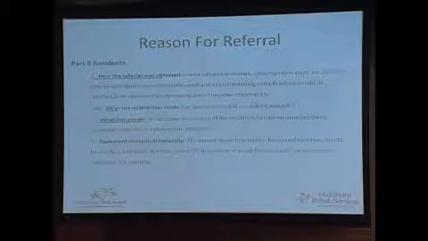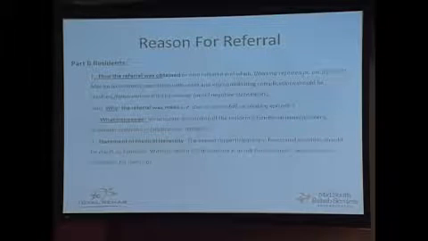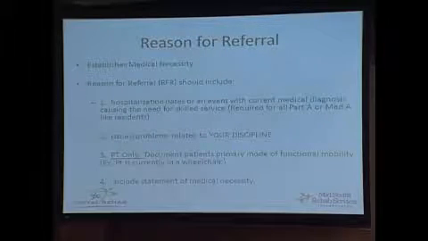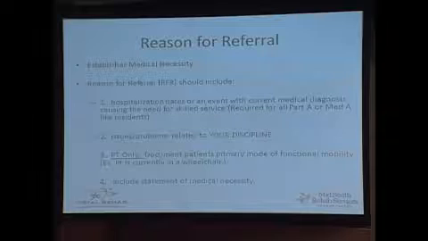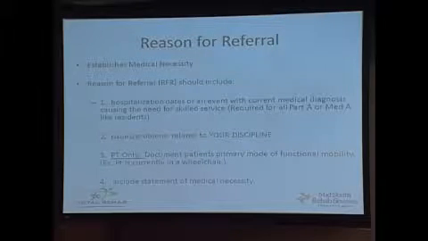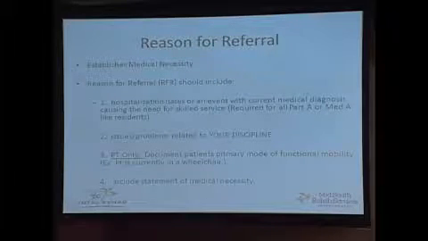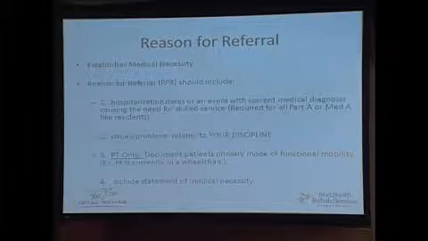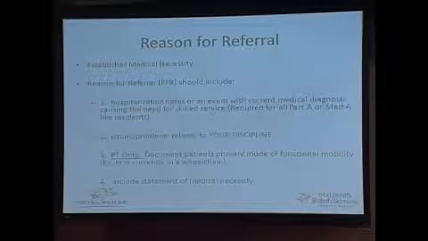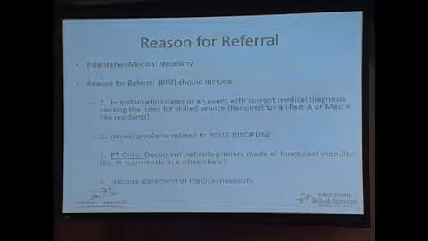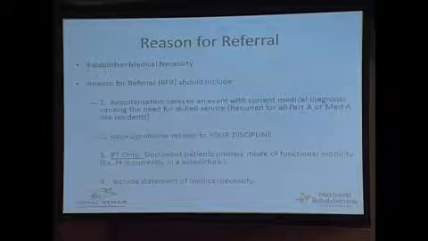What is the patient at risk for if services are not received? You've got the hospitalization dates with medical diagnosis, the current issues and problems, along with the level of assistance or the severity. PT, always include the current mode of mobility, and always write a statement of medical necessity, what the patient is at risk for if they do not receive the services.